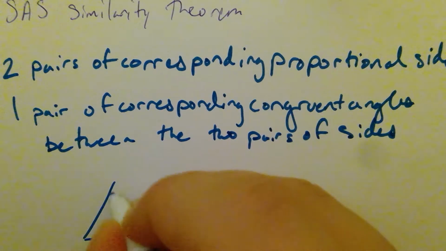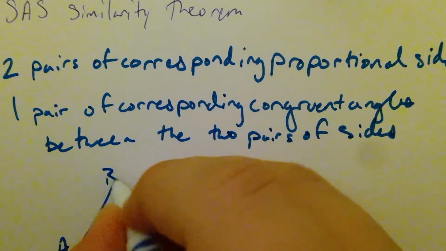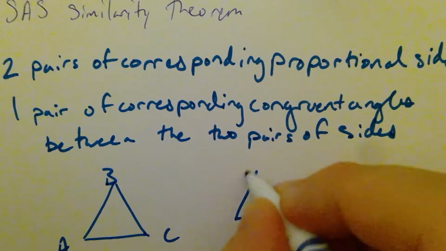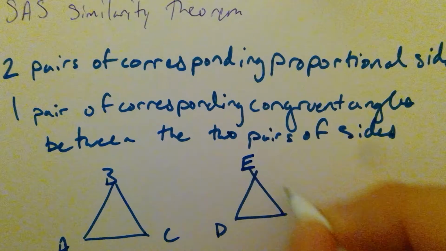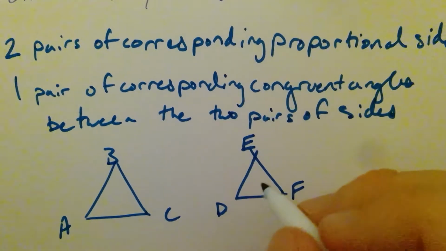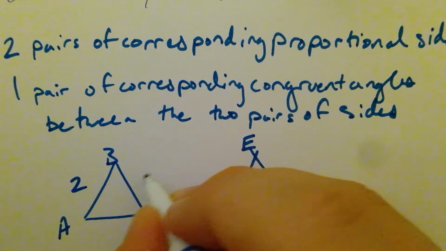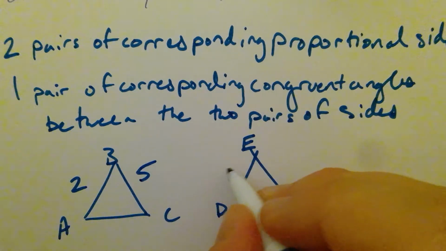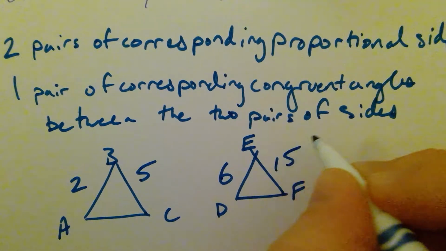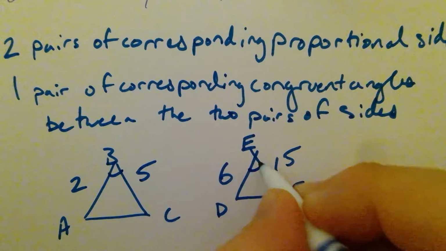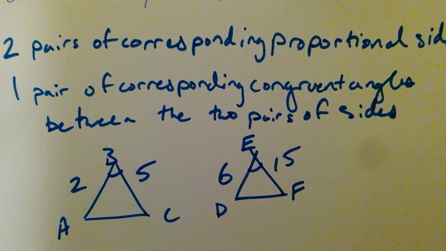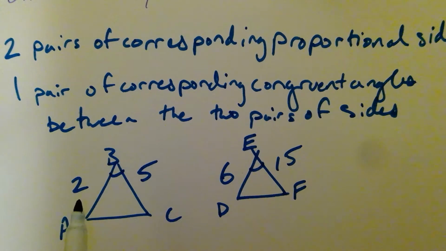So here we'll have triangle A, B, and C, triangle D, E, and F. Let's go ahead and label our triangles. Here we've got 2, 5, 6, 15, and we know that B and E are congruent. Okay, so 2 times 3 gives us 6, and 5 times 3 gives us 15.